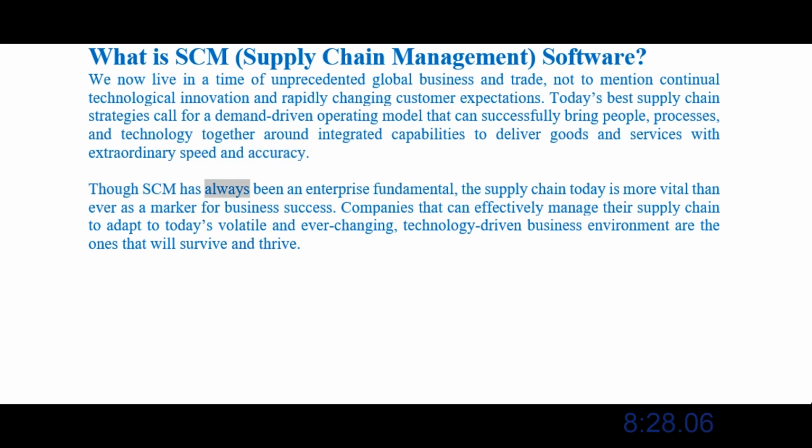Though SCM has always been an enterprise fundamental, the supply chain today is more vital than ever as a marker for business success. Companies that can effectively manage their supply chain to adapt to today's volatile and ever-changing, technology-driven business environment are the ones that will survive and thrive.